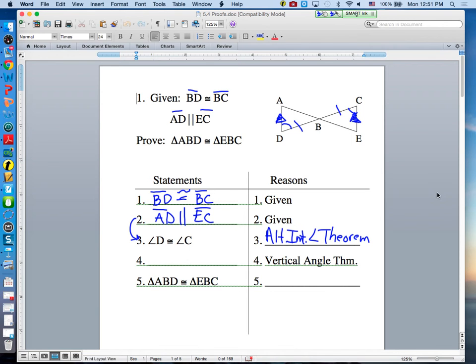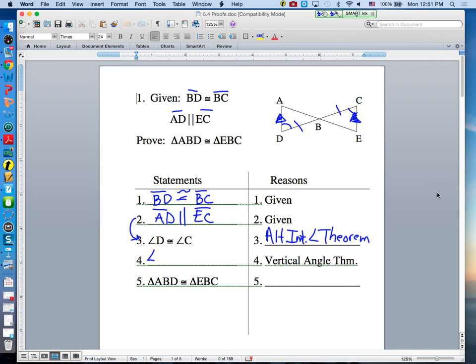Okay, line 4 says you should be able to come up with something based on the vertical angle theorem. You pick. What do we know? Tell me more. Which angle B? There's a lot of them. Vertical angles that would be in the triangles. Start on one side, go to the corner, and go to the other side.